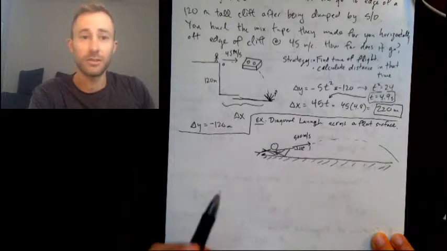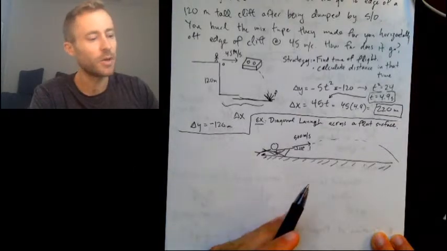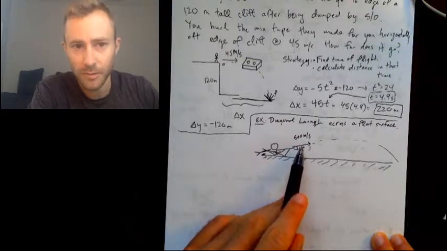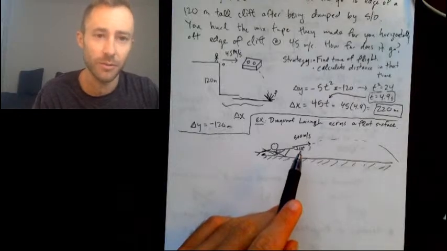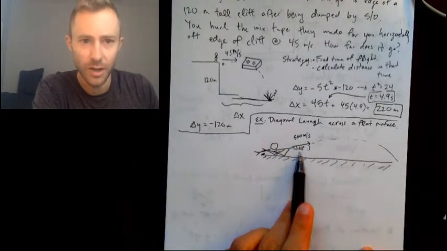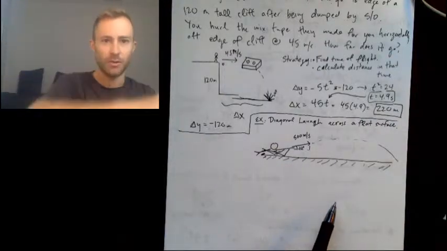Now, because this is a diagonal launch, we have to do that initial velocity triangle. Now, by the way, just because the launch speed is 500 meters per second doesn't mean that it's always going to be going 500 meters per second. That's just the initial speed. This is just the initial angle. These quantities change as the projectile is curved by gravity.